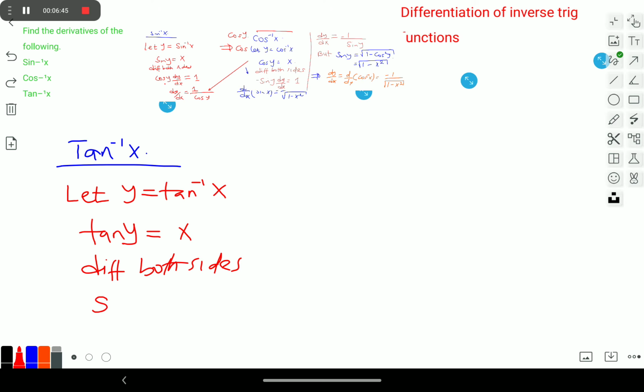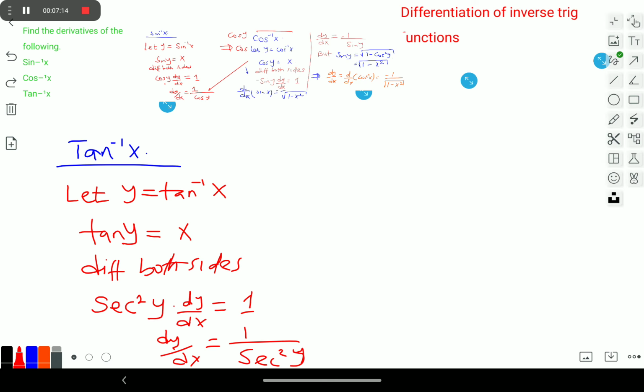So we get sec squared y, but we are differentiating with respect to x, that's why we put dy/dx equal to 1. And then dy/dx is equal to 1 out of sec squared y.